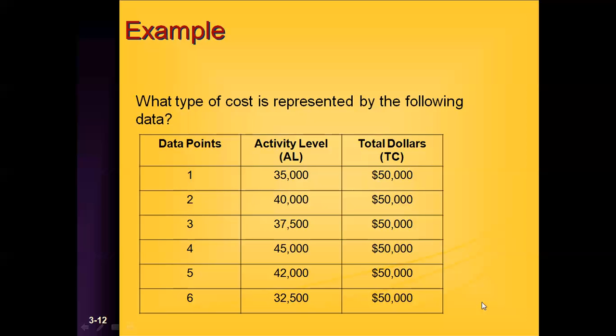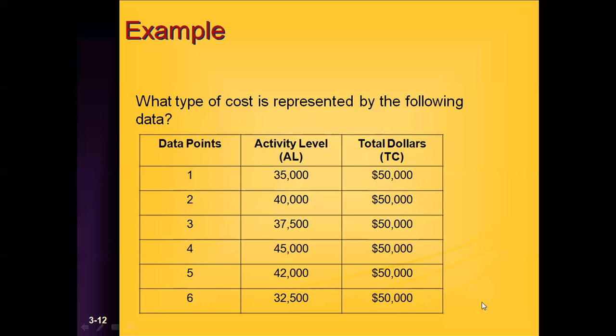Okay, so looking at the behavior of what's going on here, you see the activity level varies from 35,000 units on up to down to 32,500, and these are in a random order as opposed to a linear order. So they're bouncing all over the lot: 35, 40, 37, 45, 42, 32. But then let's look at the right column, the total dollars.